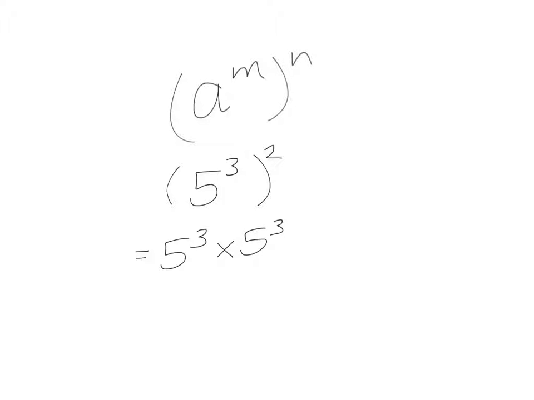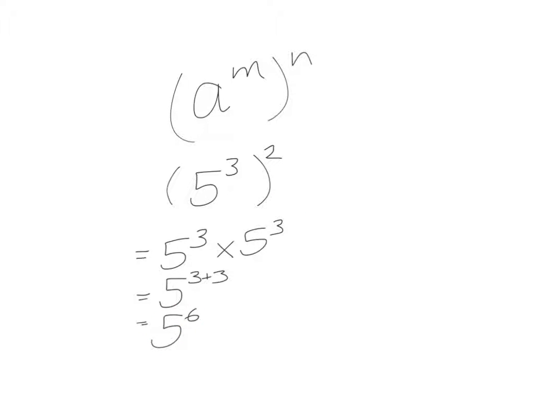If we recall from our multiplying indices video, when we've got two terms multiplying and the bases are the same, we can add, which would be 3 plus 3, which would be 5 to the power 6. So we can write it out in full as 5 to the power 3 times 5 to the power 3 to get 5 to the power 6.